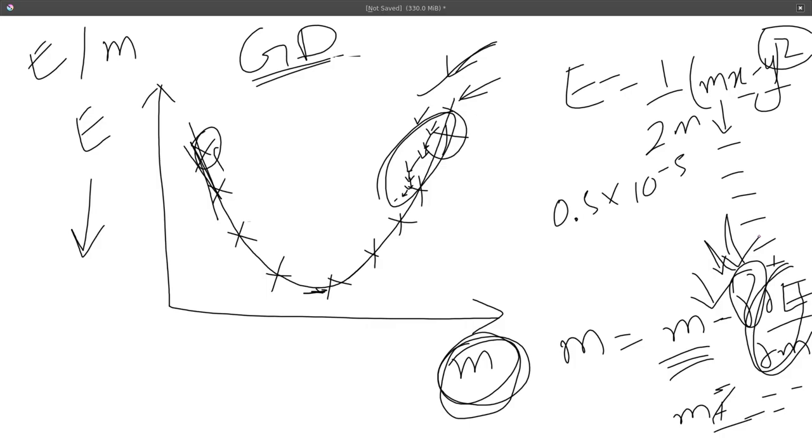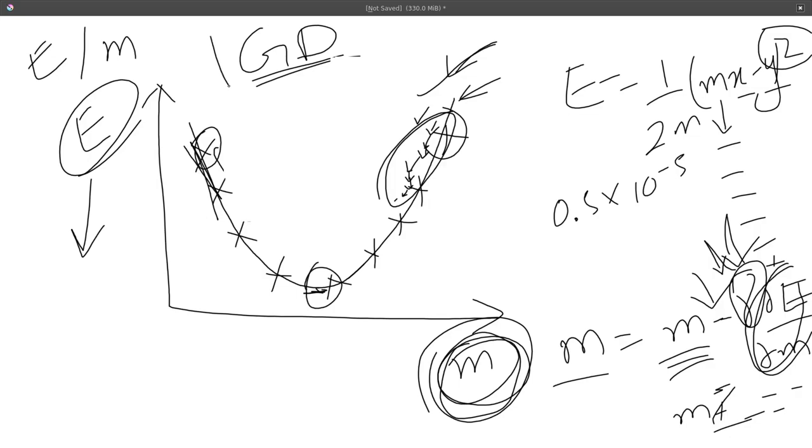So again, this is the cost function, or the error function. We want to minimize it with respect to m, and find the value of m such that we reach the bottom. This entire process of finding the minimum is known as gradient descent, right? So this was the very basics of gradient descent.